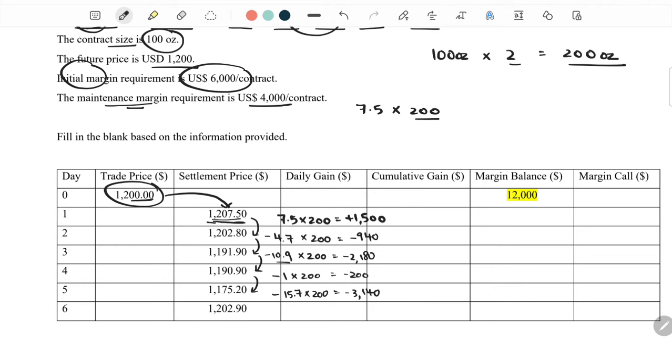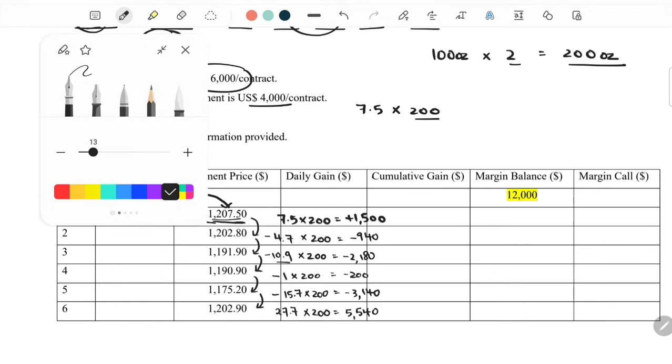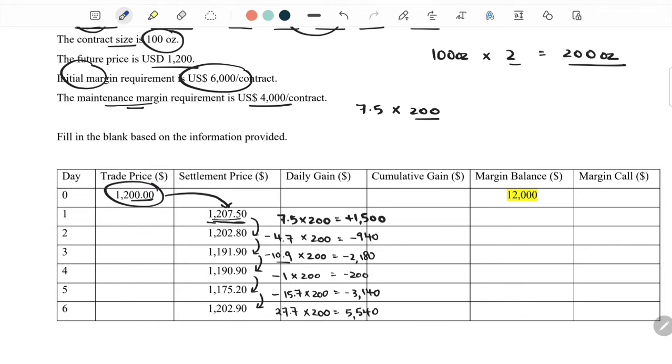When it comes to day number 6, the price increased. Let me calculate now, minus 1,175.2, it increased by 27.7, and we multiply by 200 and we will get the gain, which is about 5,540.